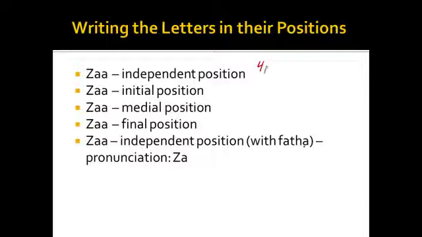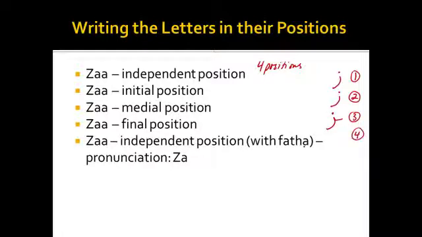Let's look at the Za in its different positions. So there are 4 positions for the Arabic letters. And the Za in the independent position looks just like the Ra but with a dot on top. In the initial position, it looks just the same. In the medial position, it connects and then looks just like the Ra but with a dot.